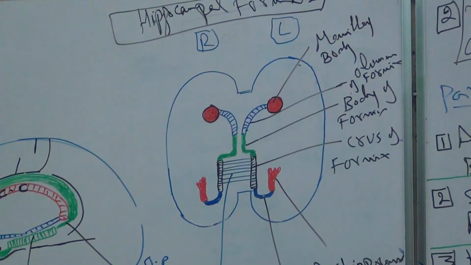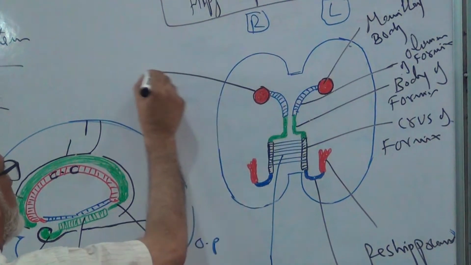From the mammillary bodies, the mammillothalamic tract arises.